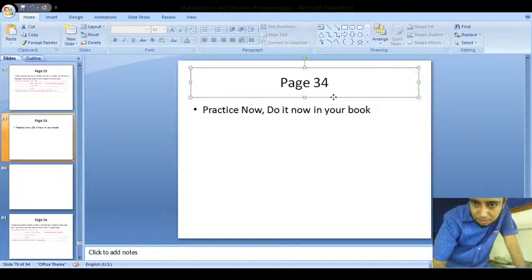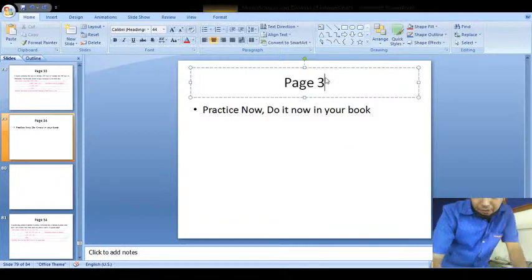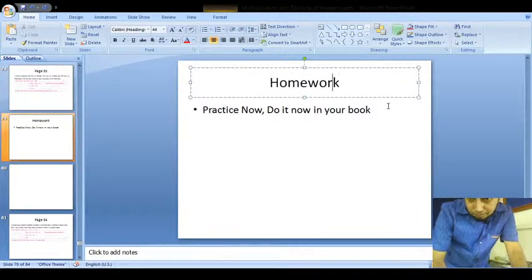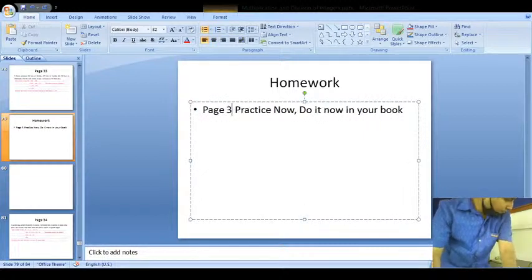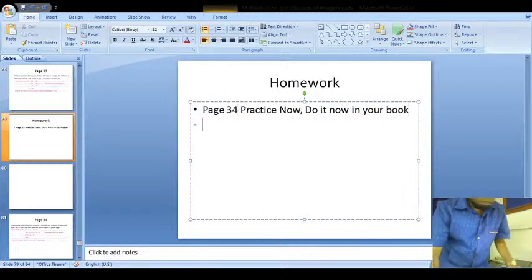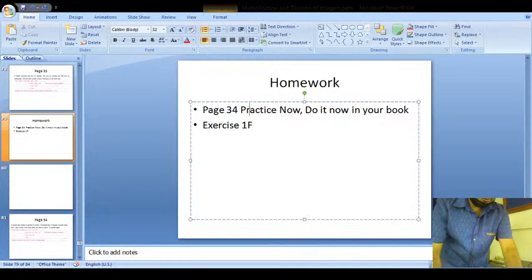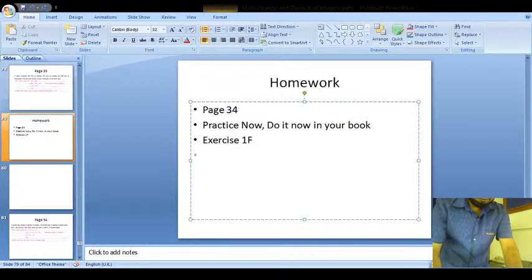Page number 34, this is your homework. Page 34, exercise 1F, question number 1.